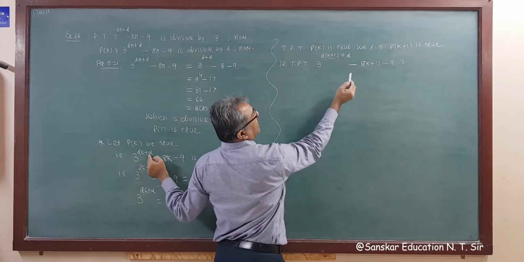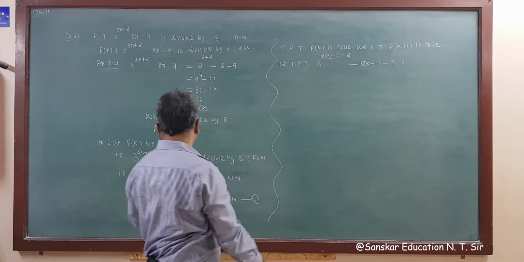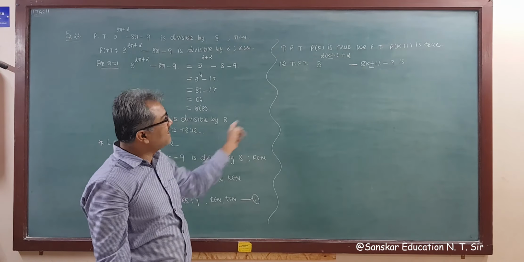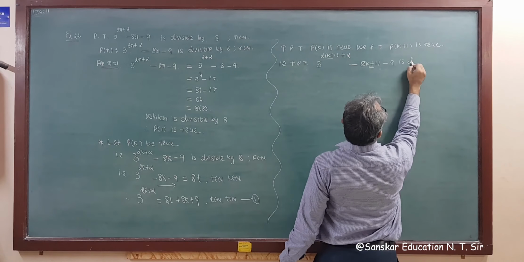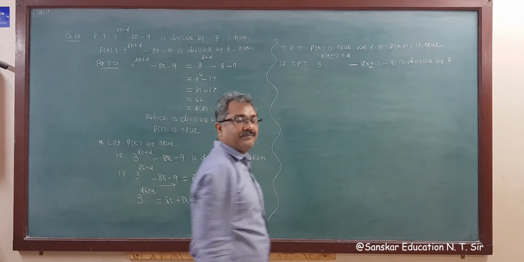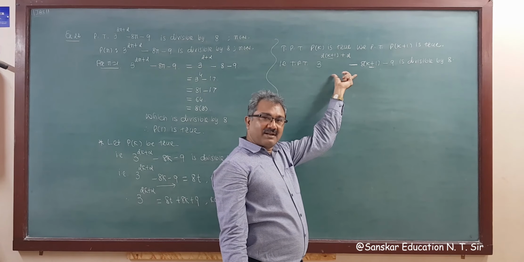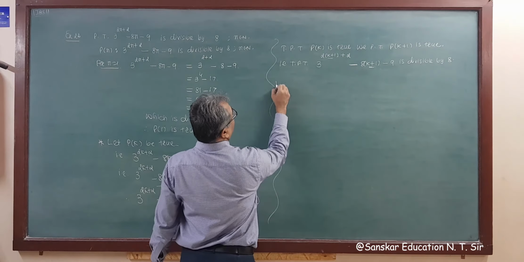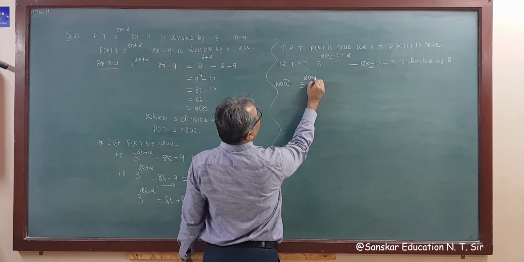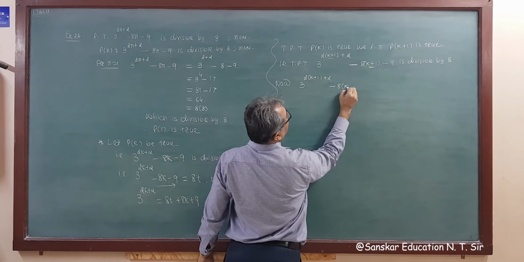So plus 2, and I am writing this term after finishing this power here, minus 8, and k replaced by k plus 1, minus 9 is divisible by 8, right? So this is your mission target, right?